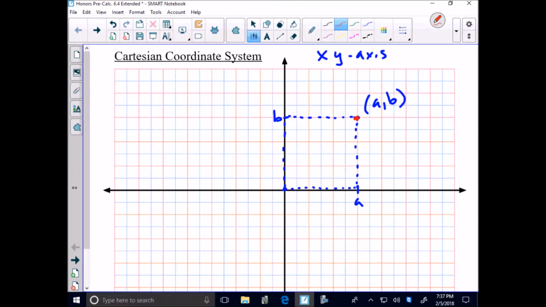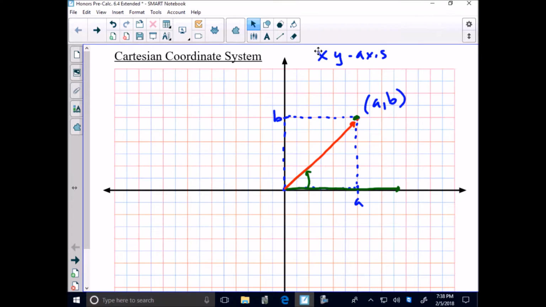Now with the polar plane, what we're doing is we are defining a point's position with a rotation from standard position in the direction of the point, and then a direct distance to the point, right? So looking at this point right here, we would say that the polar coordinates that define the point would first be a rotation in the direction of the point, and then a direct distance to the point.